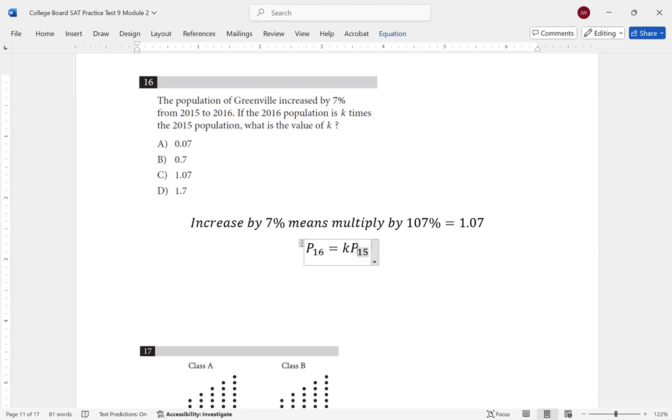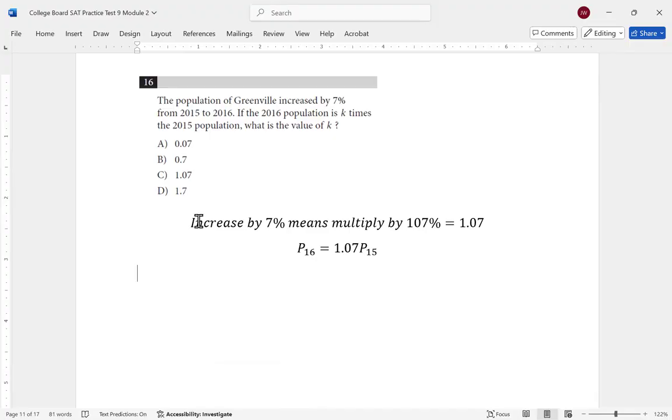And that means we would have to take the 2015 population and multiply it times 1.07 to get the 2016 population. Therefore, K is equal to 1.07. And that's what 16 is looking for. So the answer to 16 is 1.07. We need to multiply by 1.07. And that's obviously answer C.